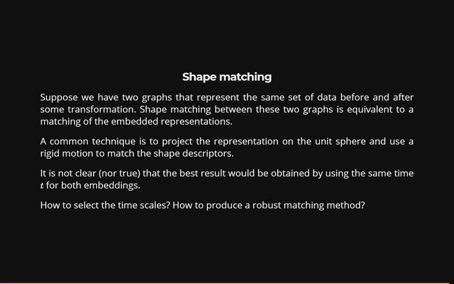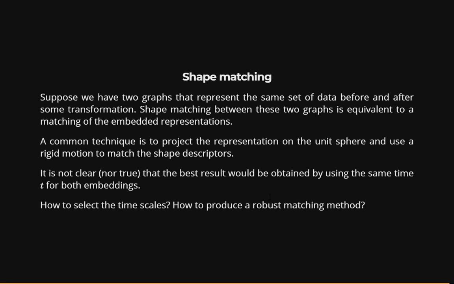So you can use the rotations of the unit sphere, but you could do better. I mean, you could try to employ some matching algorithms on the graphs that you obtain and then interpret them in terms of your low-dimensional embedding.